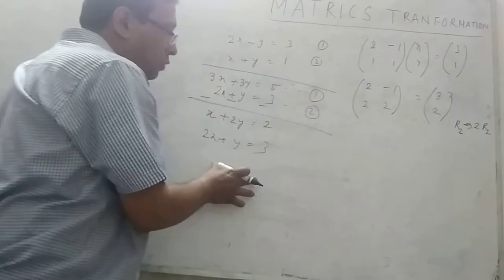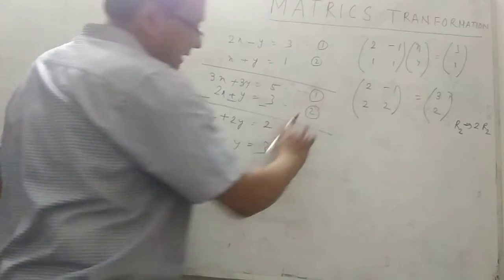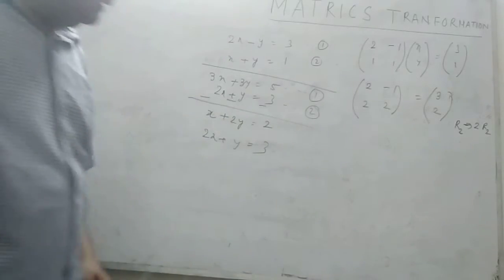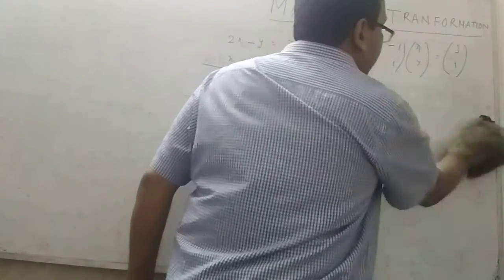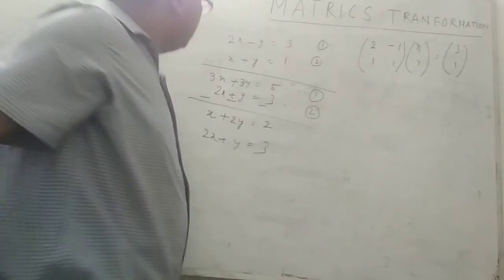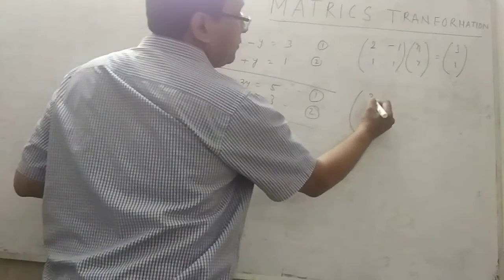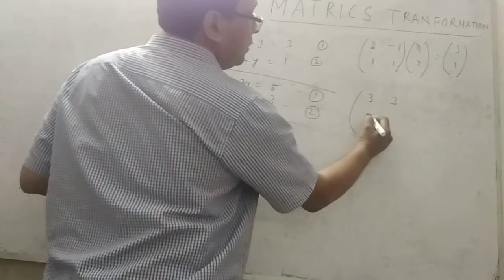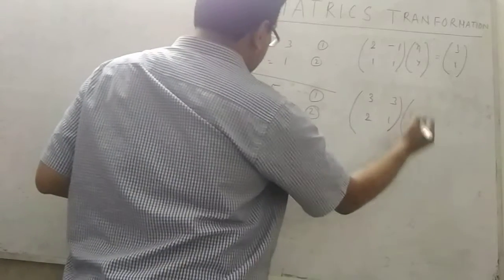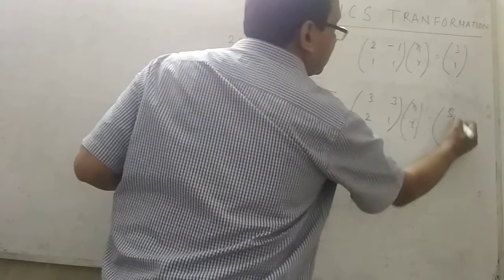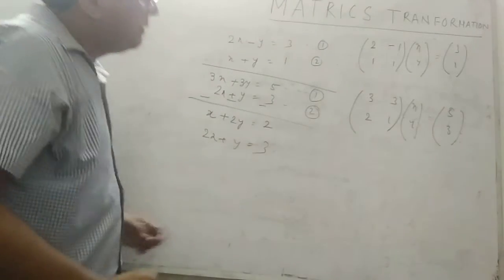Now, if I want to write these two equations as matrices, I can write 3, 3, 2, 1, here it is x y, and here it is 5, 3.